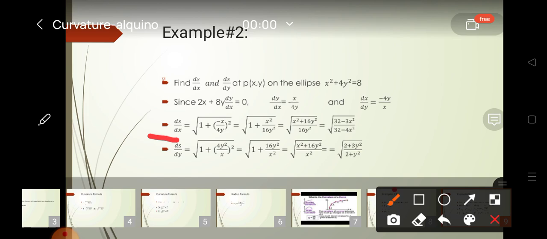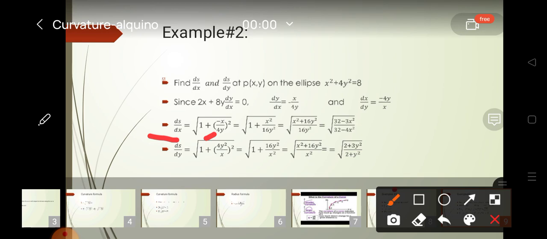So we have ds over dx is equal to the square root of 1 plus the quantity of negative x over 4y squared, which is equal to the square root of 1 plus x squared over 16y squared, because 4 squared, 4 times 4, is equal to 16, and squaring the negative x gives x squared.